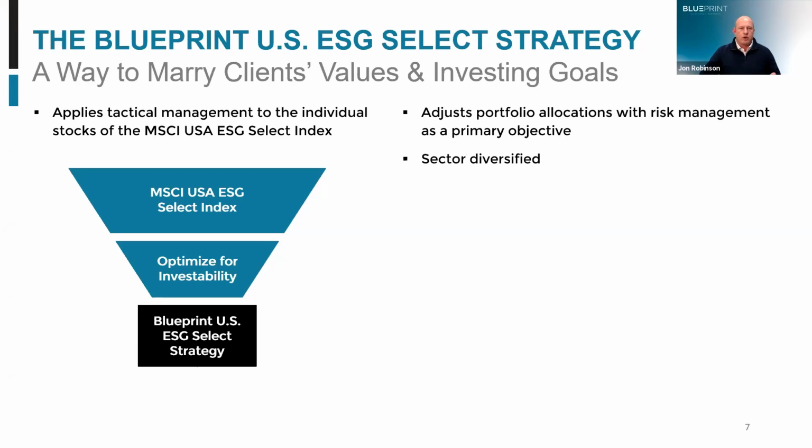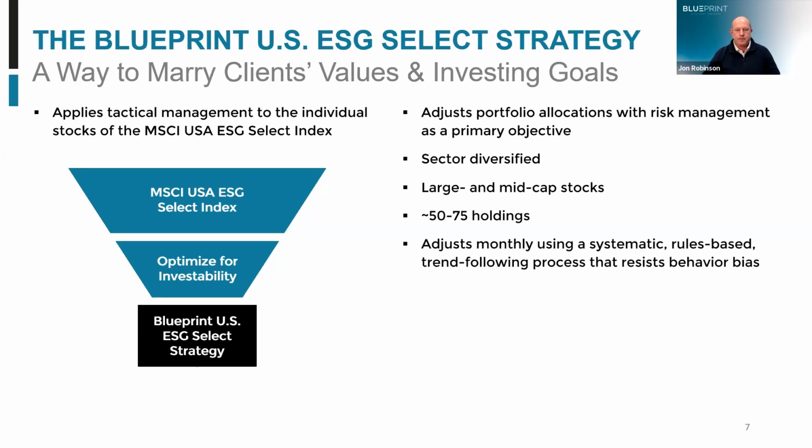As we do that, we build a sector diversified portfolio comprised of large and mid-cap stocks with about 50 to 75 holdings on average. That can go down in a bear market, and that can go up if we're having a broad-based rally across both mid and large cap stocks.